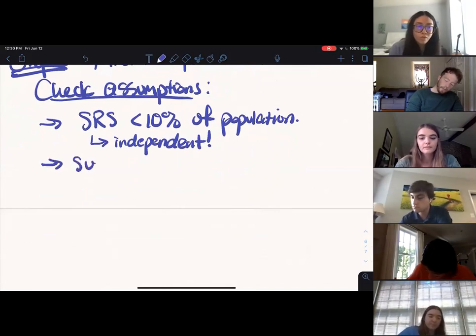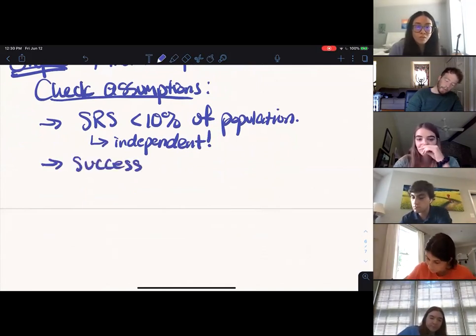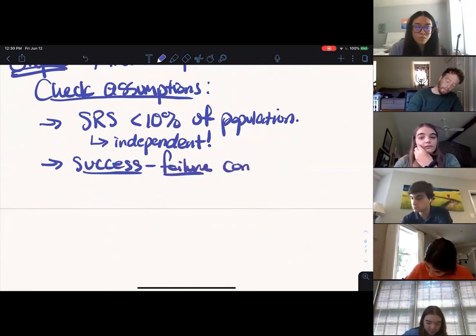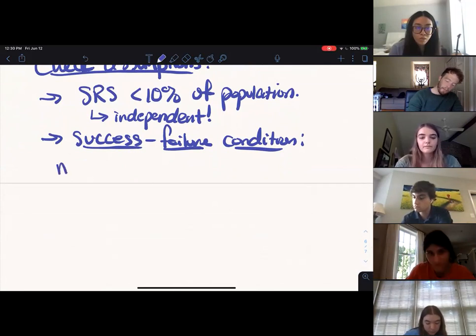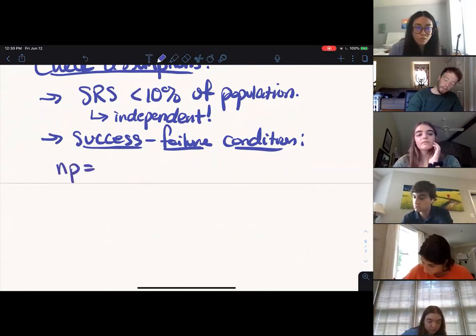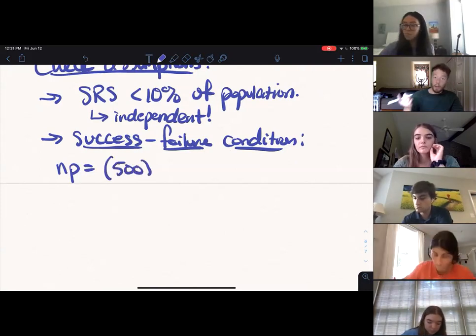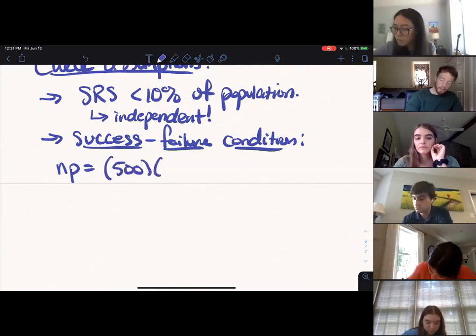Next thing to do is to look at that thing that we just learned, the success failure condition. So np is equal to, well, our n was 500, and by our null hypothesis, p is equal to 0.5.